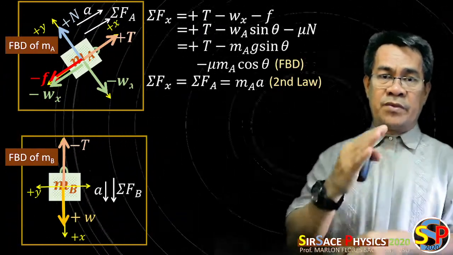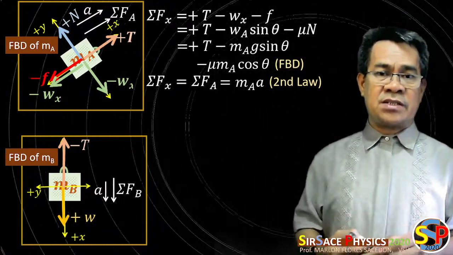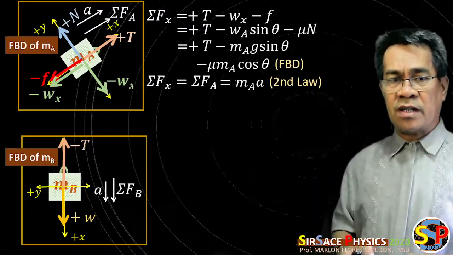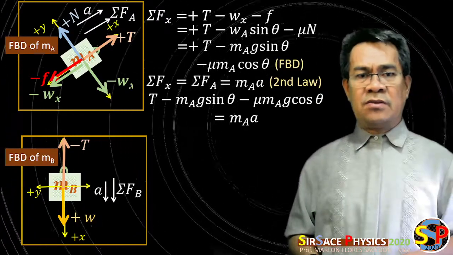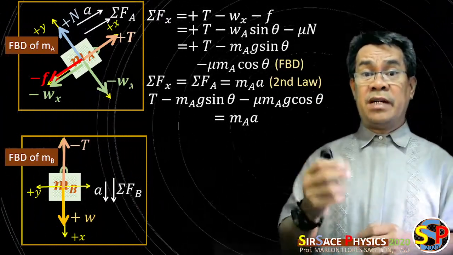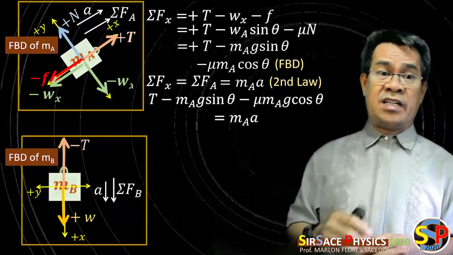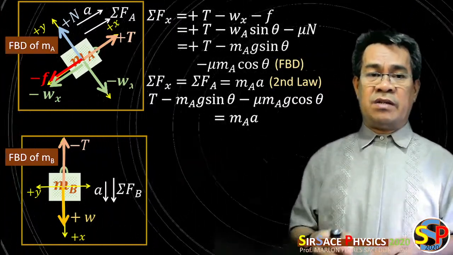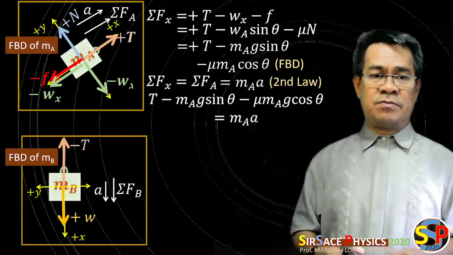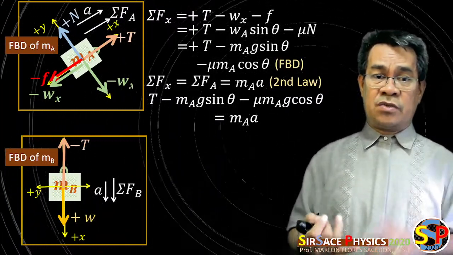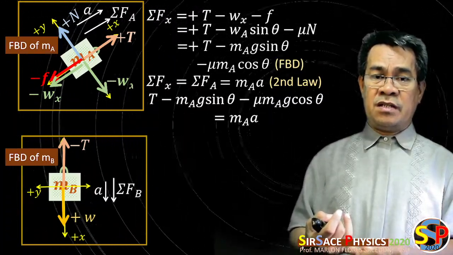So therefore, we have two definitions of the net external force along X, or the sum of all forces along X, from the free body diagram and from second law. Then we can equate the two. Then we have T minus mag sine theta minus mu mag cosine theta, which is equal to the mass of the object A multiplied by the acceleration. And notice that there are two unknowns, the tension and the acceleration.